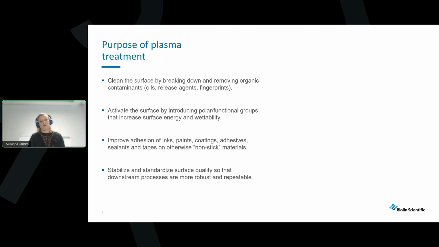Or we could use plasma treatment to activate the surface by introducing polar functional groups so that we can increase the surface energy and wettability of the surface.